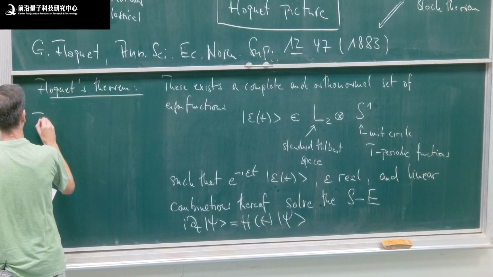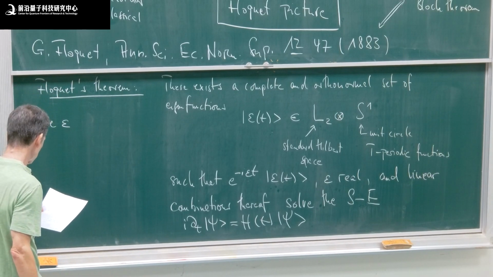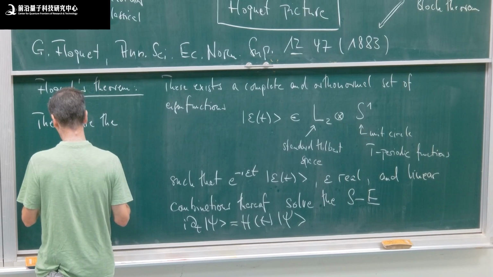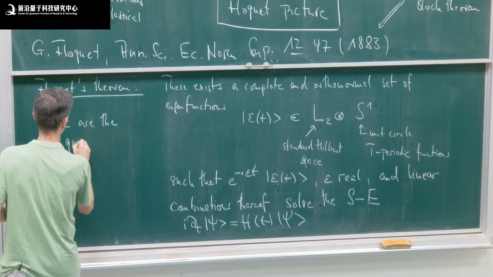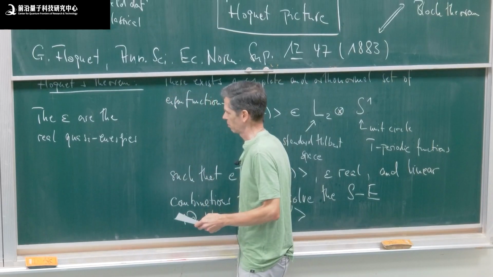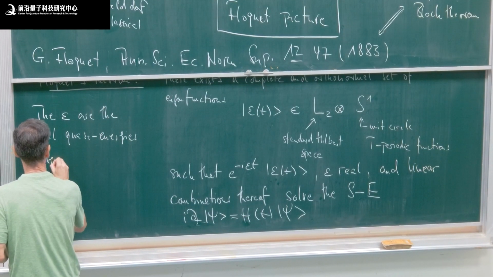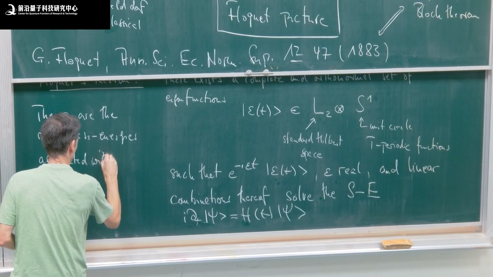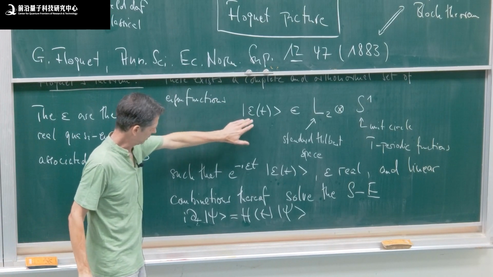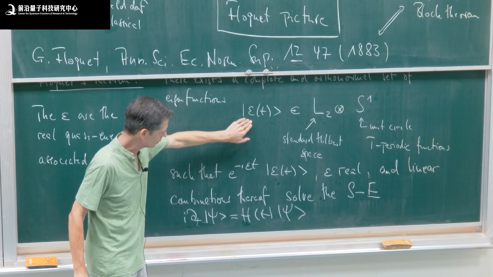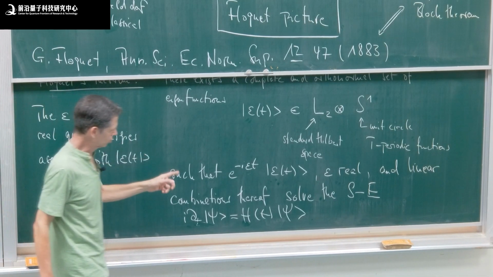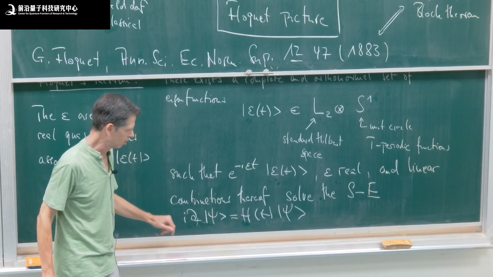And the epsilon, this I should still write there, so that you have it complete: the epsilon are the real quasi-energies associated with the epsilon of t. I will have as many of these epsilon of t as I have dimensions of my Hilbert space, with correspondingly associated quasi-energies, and then I can write any solution of the Schrödinger equation as an expansion in these vectors with constant expansion coefficients.